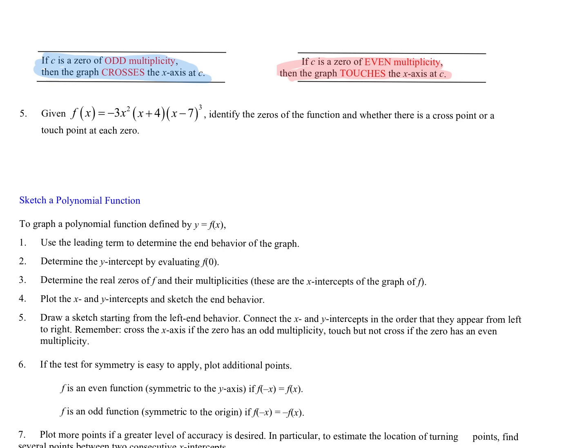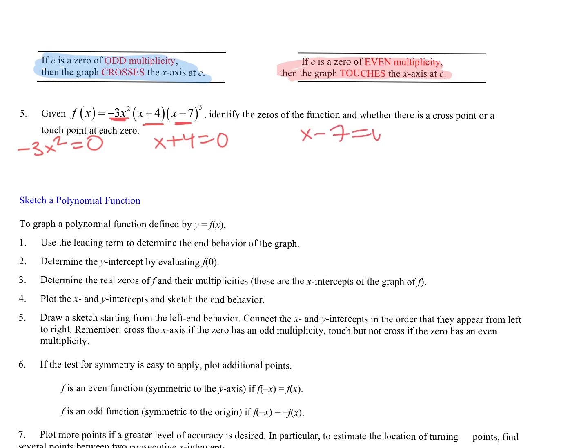Okay, so here's an example where it says, given that f of x is equal to -3x squared times x plus 4 times x minus 3 cubed, identify the zeros of the function and whether there is a cross point or a touch point at each 0. Okay, so let's start with the -3x squared. For all of these, I set each factor equal to 0 to find the zeros, right? So that would be my first step.